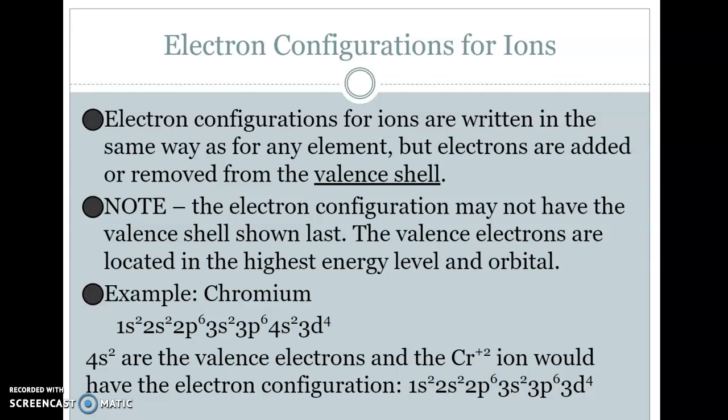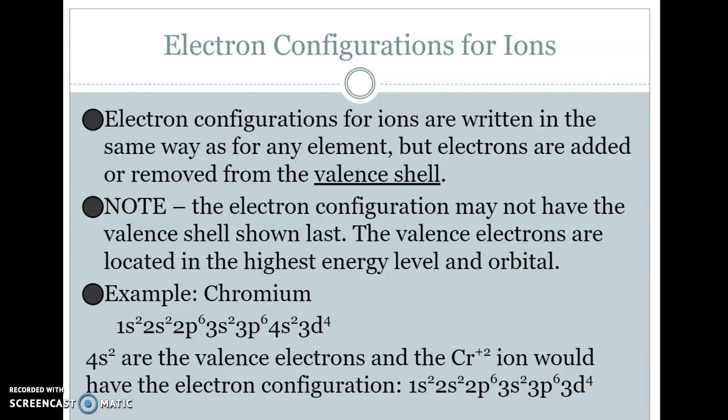The problem is those are not in fact the valence electrons for chromium or anything else for that matter in period 4. Energy level 4 happens to be the highest occupied energy level, so those are where the valence electrons are at. Those are the valence electrons we would therefore have to remove.